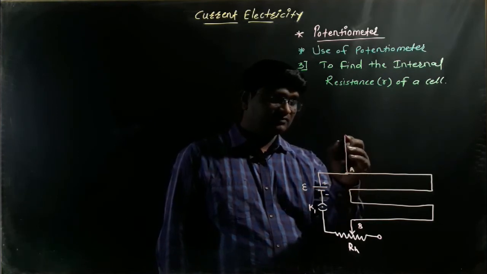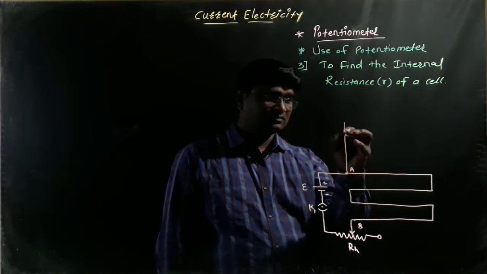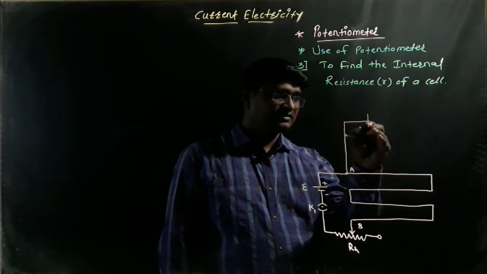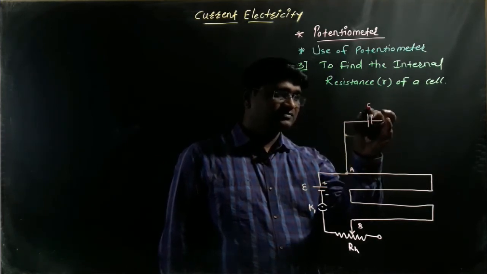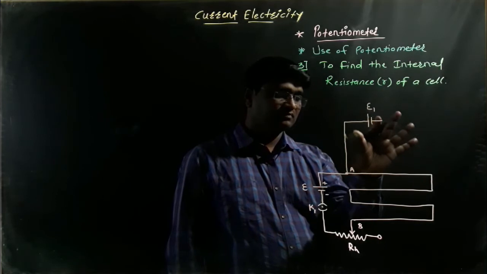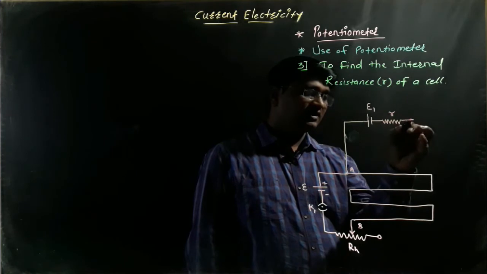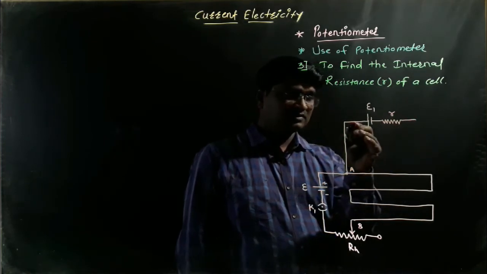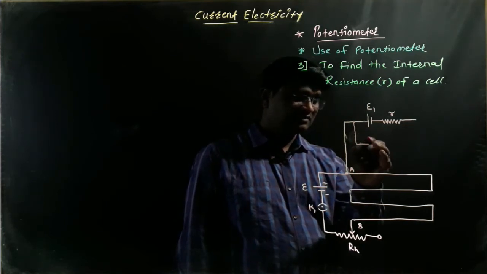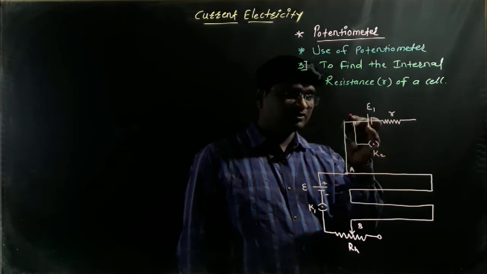Through the wire, we connect one another cell, that is epsilon 1, whose internal resistance is small r, so it will be connected here, and the key K2. This point will be denoted by P.